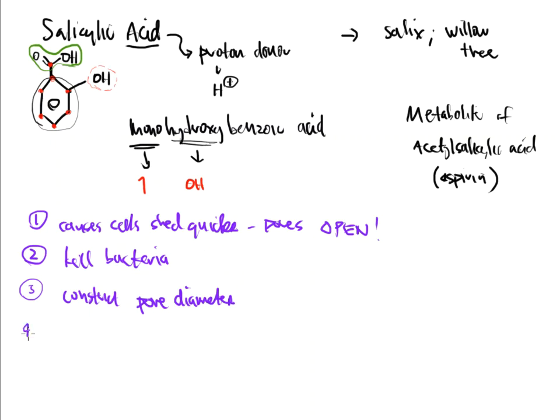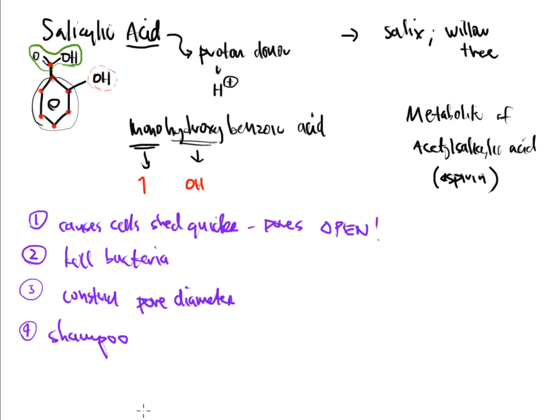Number 4, salicylic acid is also found in shampoo, and especially in anti-dandruff shampoo. It treats dandruff, it prevents it from happening, it makes it go away. Very similar activities to unclogging pores and cleaning out bacteria, that type of stuff.